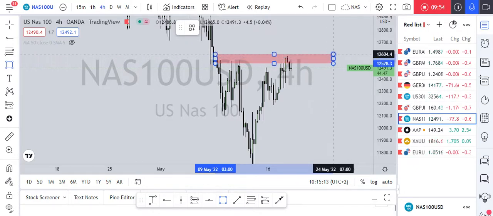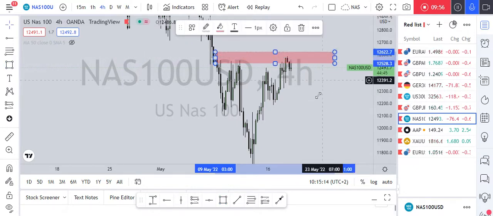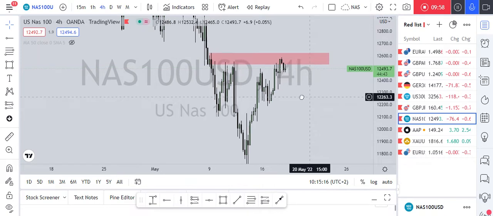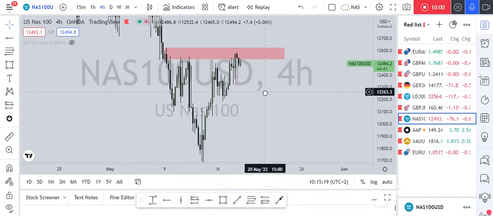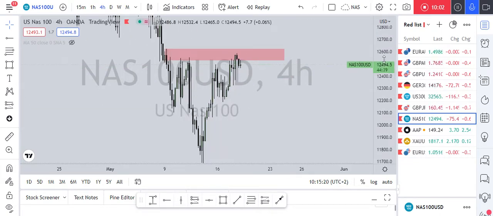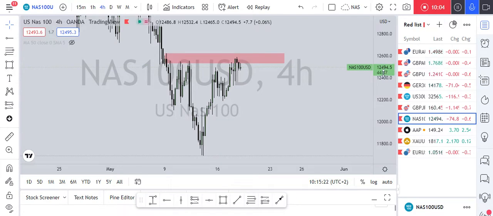So for our time frame, Nasdaq is bouncing off of this 4 hour OB. Listen, I really doubt price will break this OB to the upside. All right, I really do doubt. But let's look at price, bro.